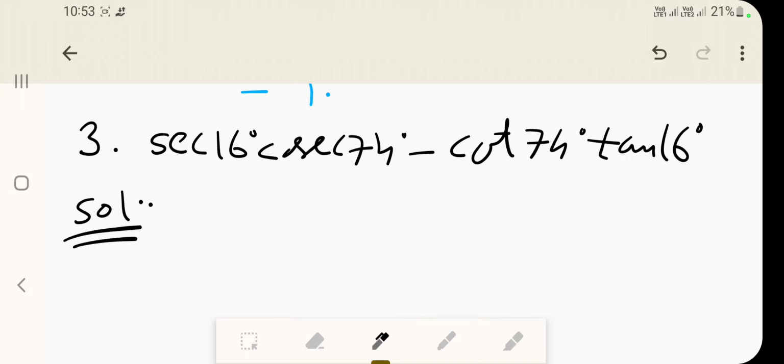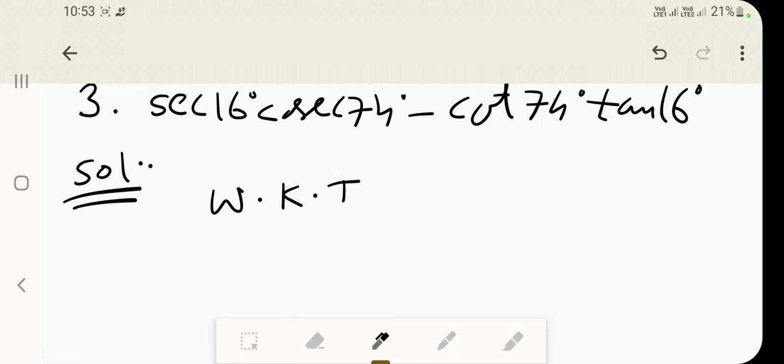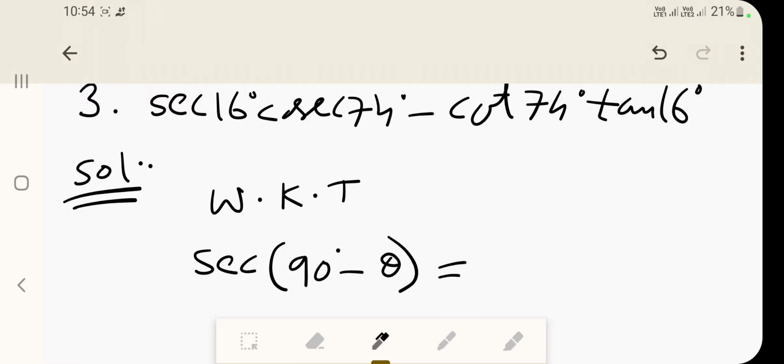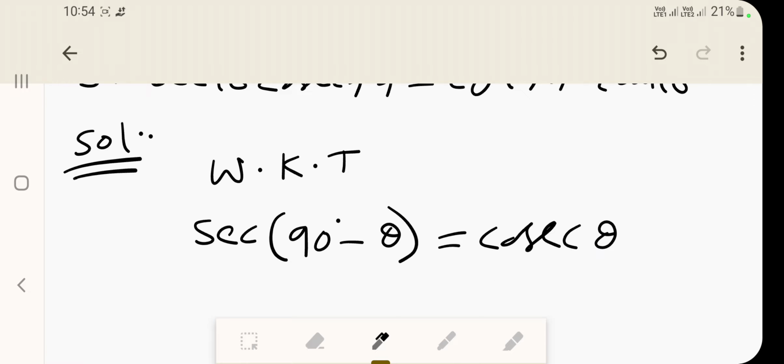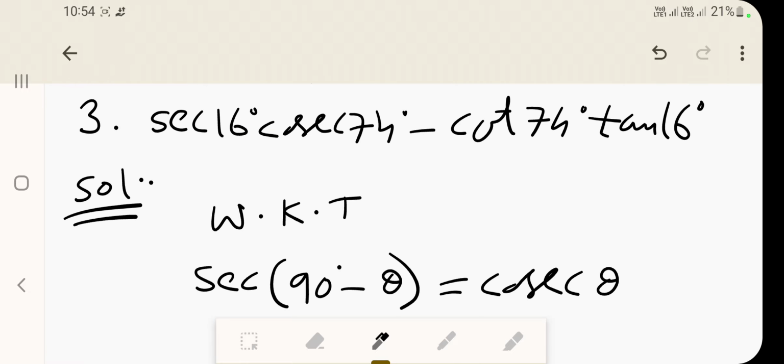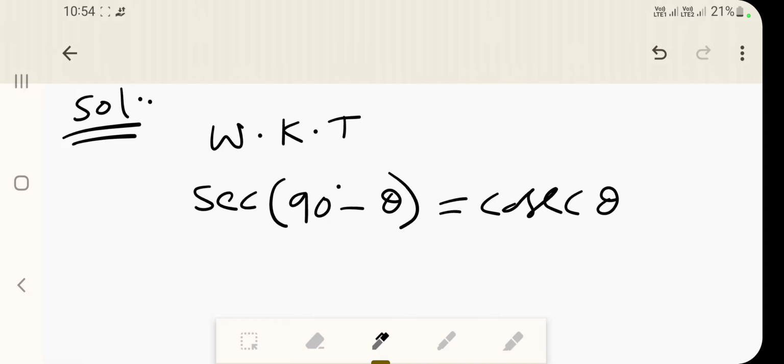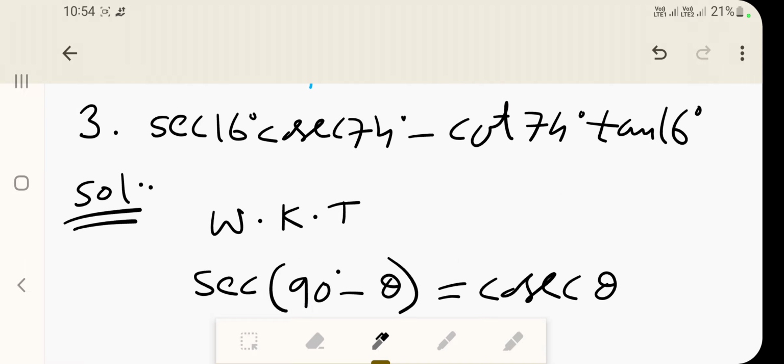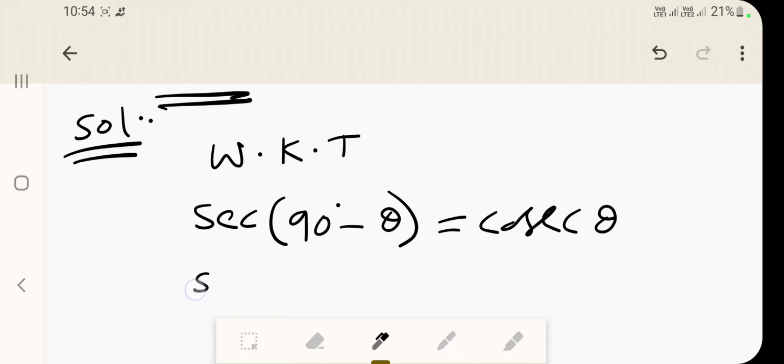We know that secant 90 minus theta is nothing but cosecant theta. Similarly you can write cosecant theta. Any one of them we are going to change, secant to cosecant.